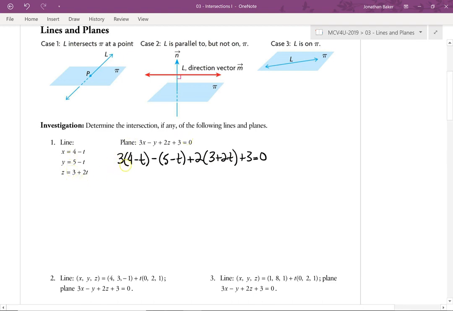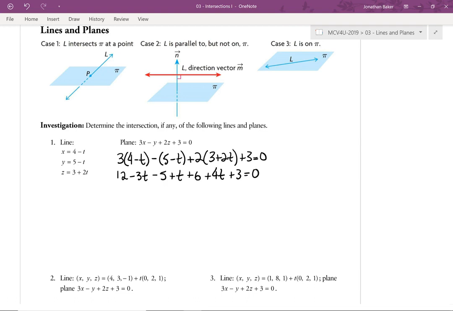So of course we're going to get 3 times 4, which is 12, minus 3t. Go ahead and expand this all out. Minus 5 plus t plus 6 plus 4t and plus 3 equals 0. So next we can collect like terms.